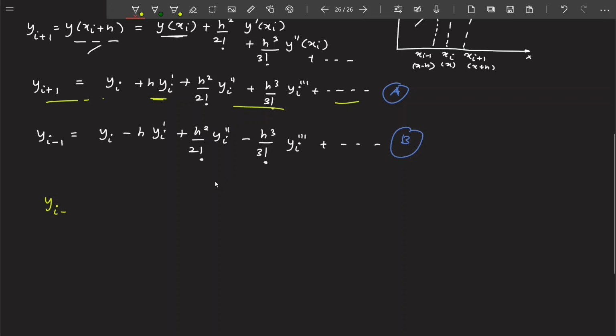So this comes out to be y i plus 1 minus y i minus h square upon 2 factorial y i double dash, and plus h cube upon 3 factorial, I'm sorry, it's going to be negative since you are bringing it on the left side, and so on, and this is going to be h y i dash.